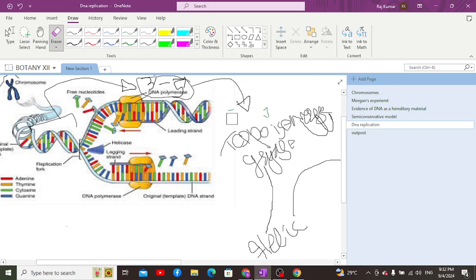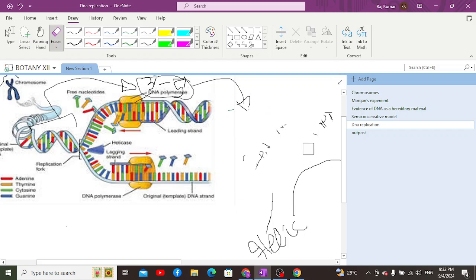Now once the hydrogen bonds are broken in the DNA molecule with the help of the helicase enzyme, on the back side there are chances that these two strands which are apart from each other might form hydrogen bonds once again with their complementary strand.